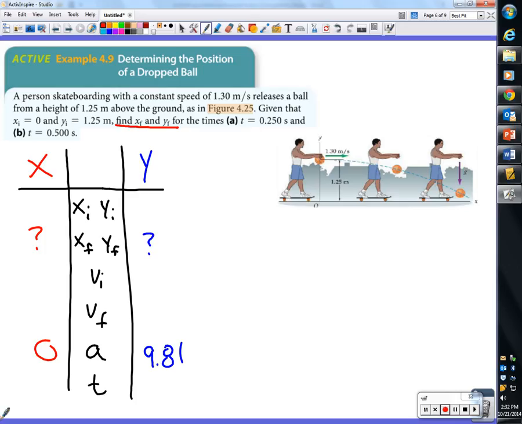Those two things are going to be the same in every problem that we do in section 4.4. If we included air resistance, that would change, especially the horizontal, but it would change the vertical as well a little bit. But we're not going to include air resistance in our analysis of these problems. So these two are going to be the same. Okay? All right, good there.